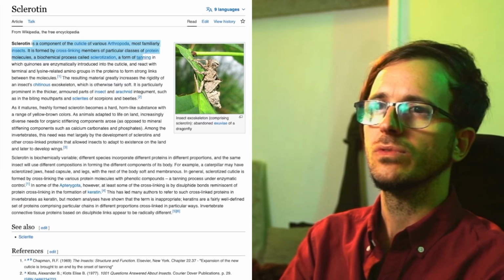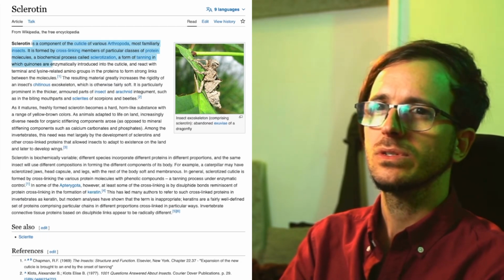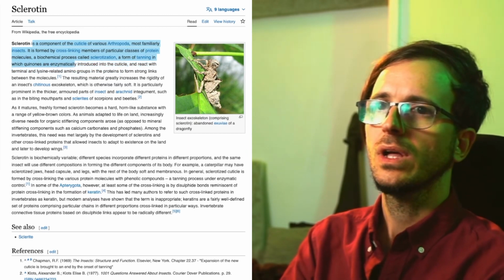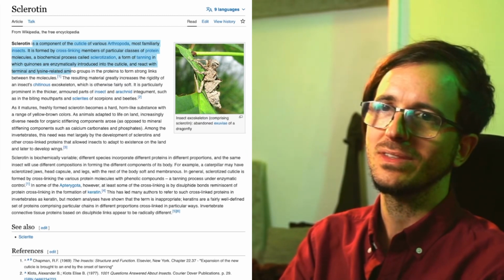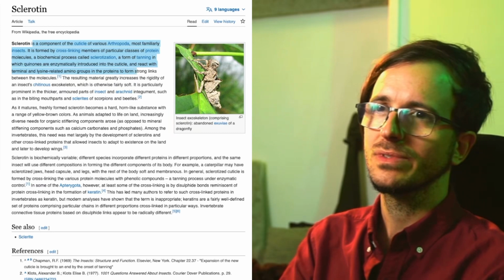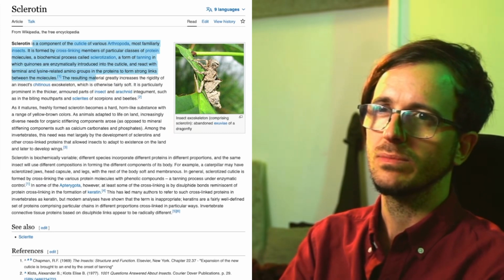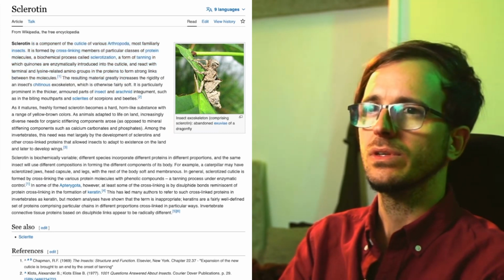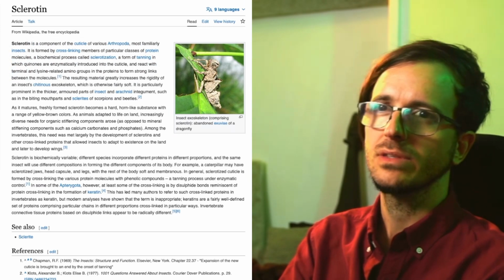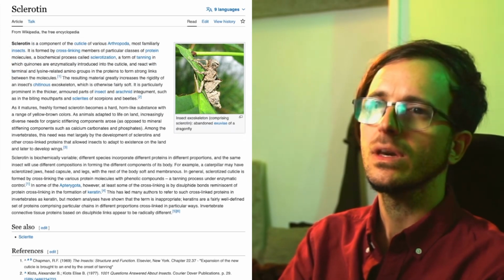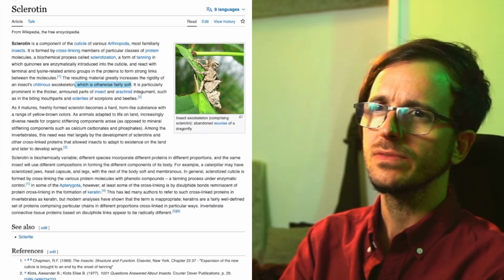Sclerotization is a form of tanning in which quinones are enzymatically introduced into the cuticle and react with terminal lysine-related amino groups and proteins to form strong links between the molecules, resulting in material that greatly increases the rigidity of an insect's chitinous exoskeleton, which is otherwise fairly soft.